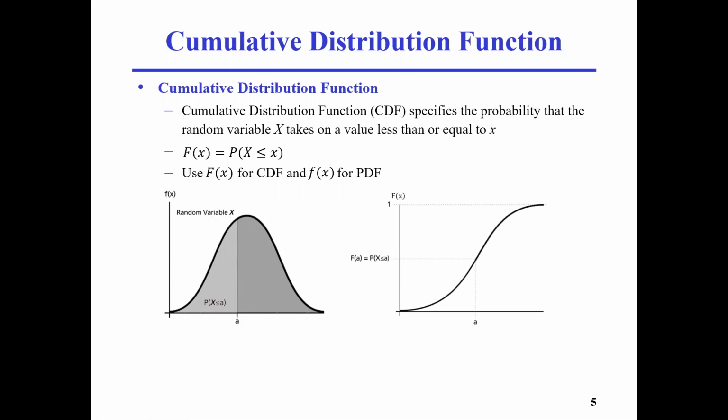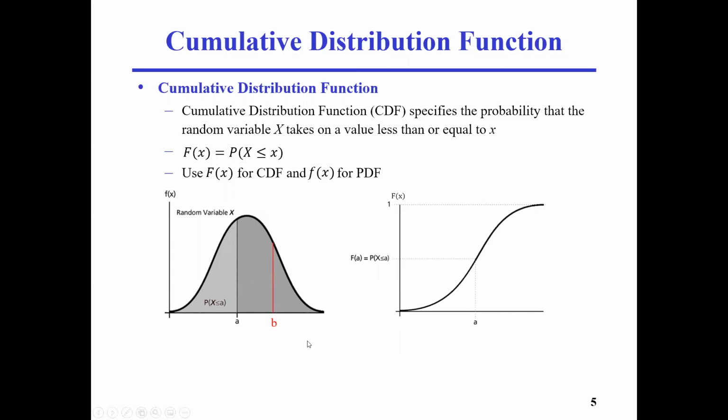So if we compare this with F(x), uppercase F, CDF, this is the curve of CDF, okay? Because it's cumulative. So as the random variable increases, you can say this curve increases continuously.